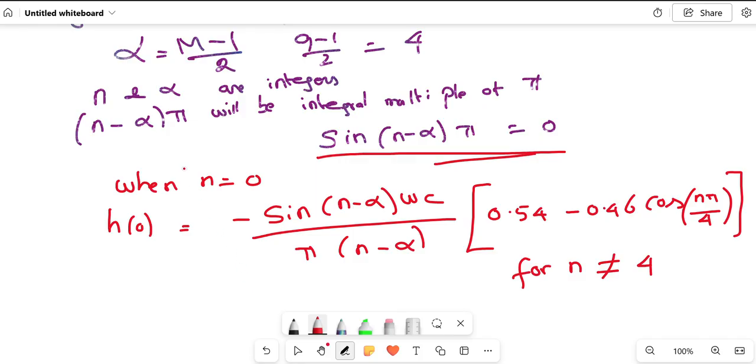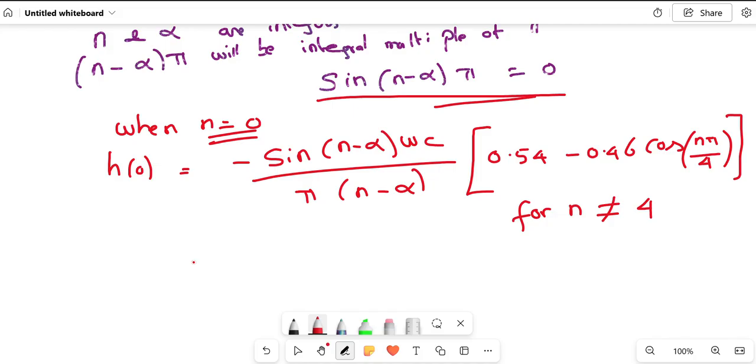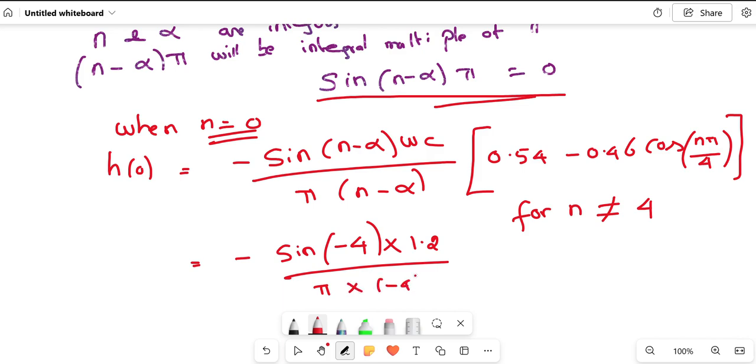So when n is equal to 0, the substituted value here will be minus sine of (minus 4 times omega c, which is 1.2) by pi into minus 4, into 0.54 minus 0.46 cos 0.